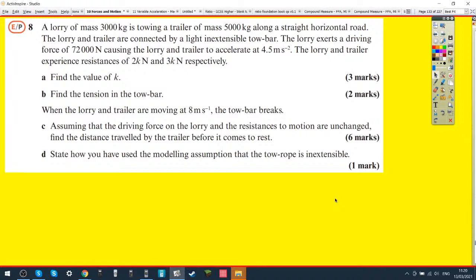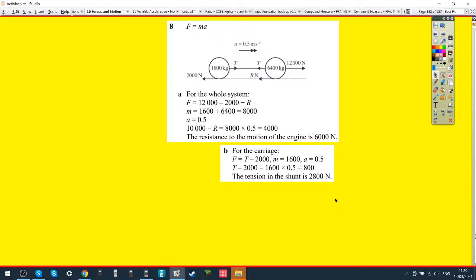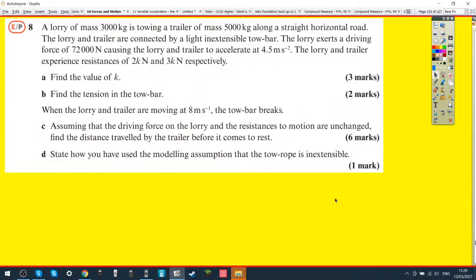So part C interests me. When the lorry and trailer are moving at A. Okay, so let me just... So K is 7,200. And then the tension is 44,100.